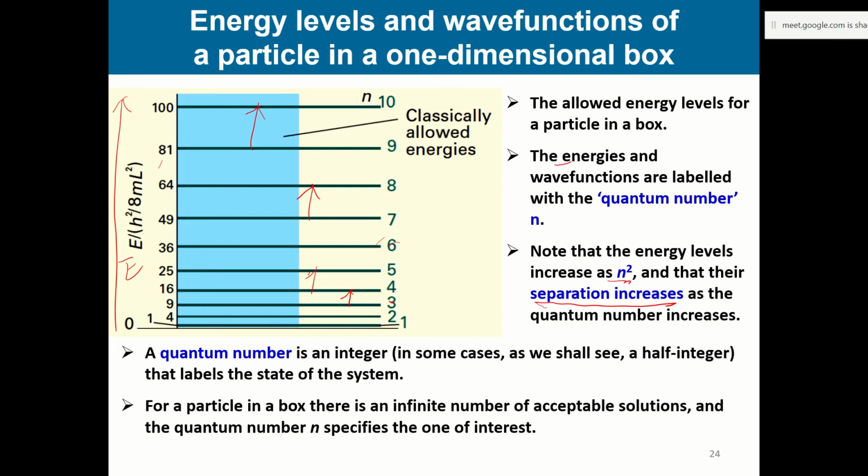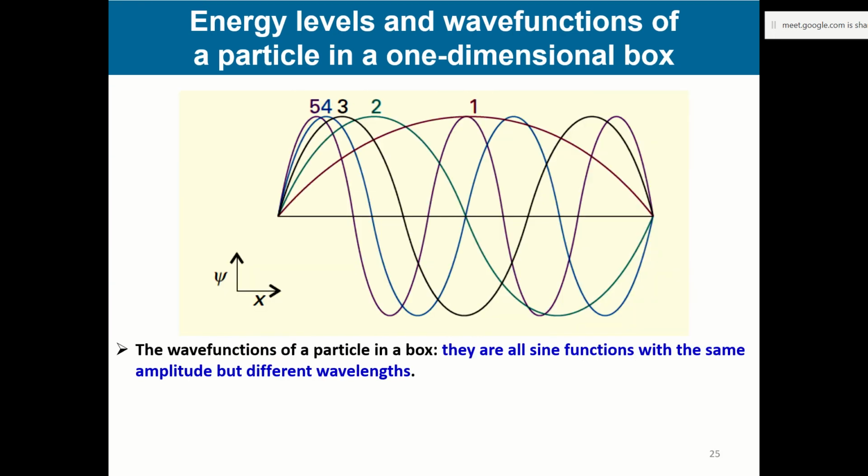For the particle in a box, there is an infinite number of acceptable solutions. So n can go up to infinity, and n specifies the energy of your interest.